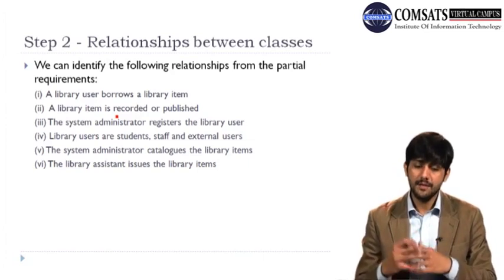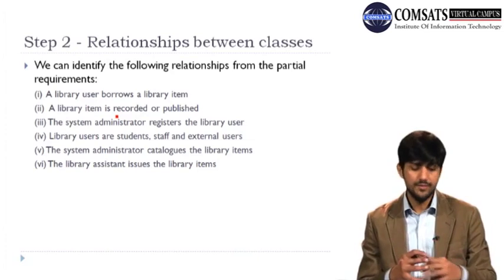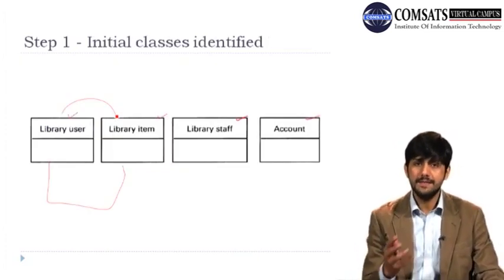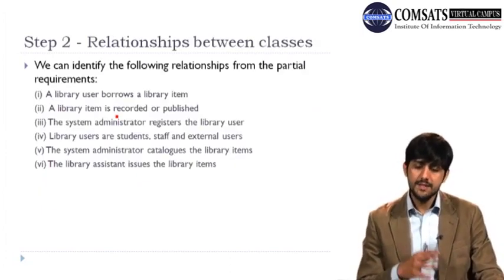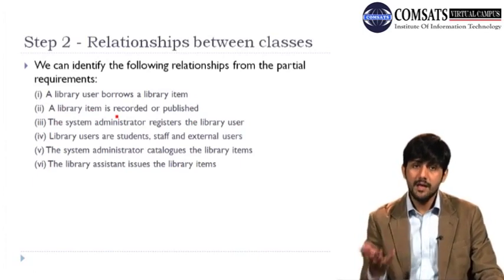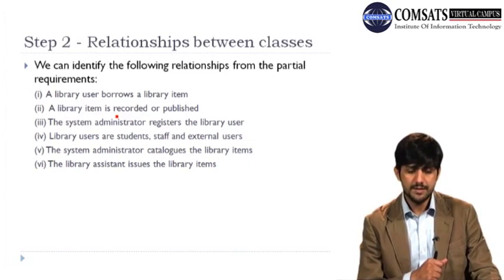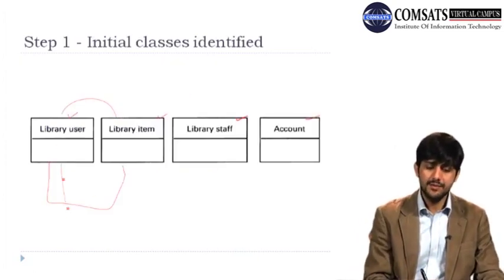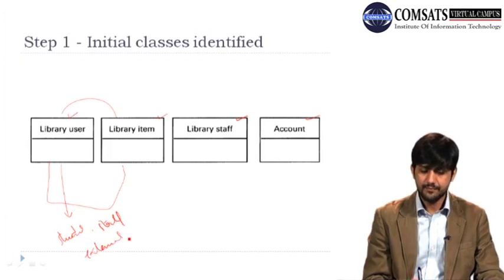Our library item is recorded or published. The system administrator registers the library user. So we know again that library user is going to get registered by a certain library staff, which is an administrator. Library users and students, staff, and external, so who are the library users? We are defining that student, staff, and external users are all library users. So there may be subclasses of this particular class, which is library users, and they can be students, staff, and external users.